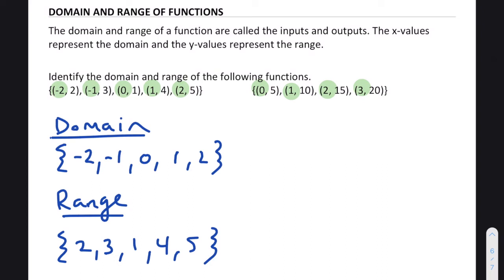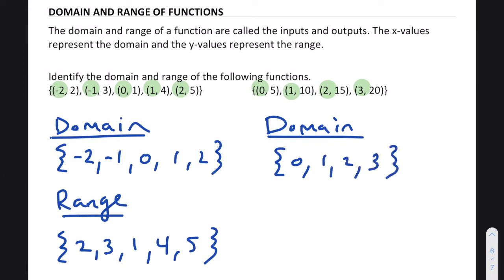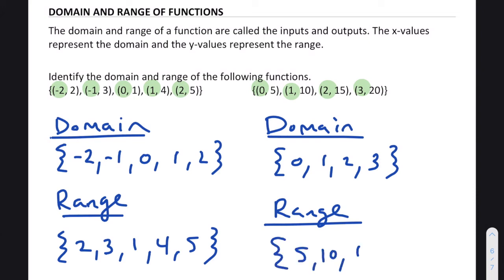Okay, so we can write that as a set for the domain. We have the set of 0, 1, 2, and 3. And then the range, we can look at that and say it's 5, 10, 15, and 20. So for the range, we'll just write that as a set again. 5, 10, 15, and 20.